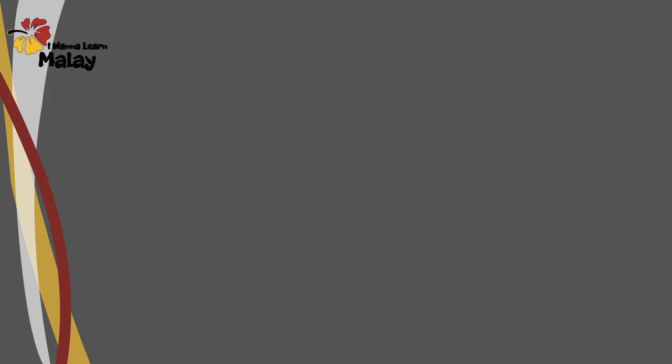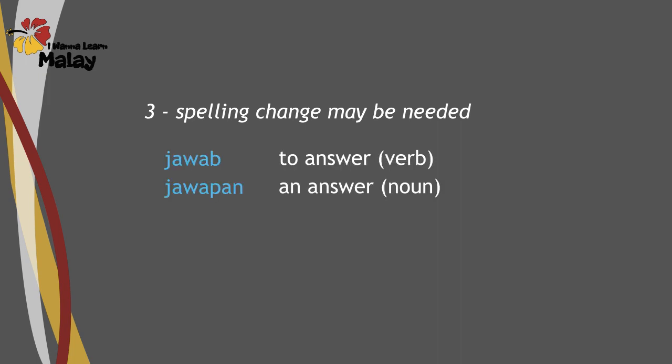Another point to note is sometimes a slight change is required to letters of the word. For example, to answer in Malay is jawab, but an answer is not jawaban, it's jawapan.